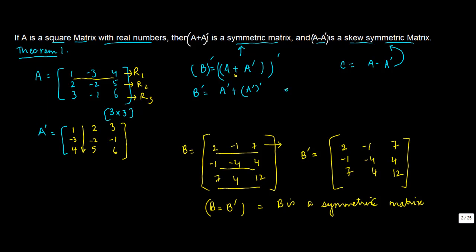This is because, if you remember, transpose of A plus B is equal to transpose of A plus transpose of B. This is what we learned in some of the previous lessons. Or you can write this as transpose of A plus A. Why? Because transpose of A's transpose is A itself.